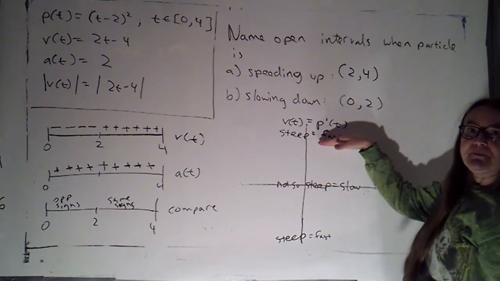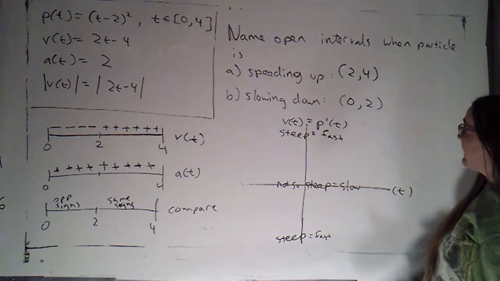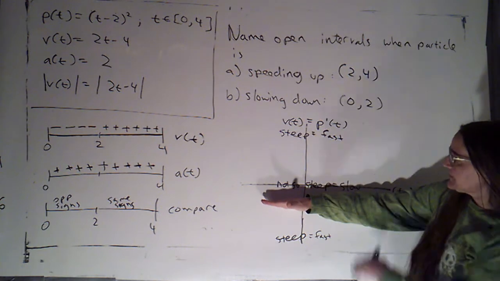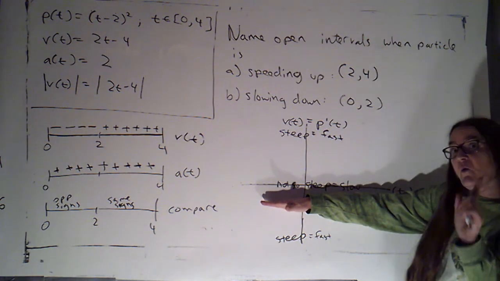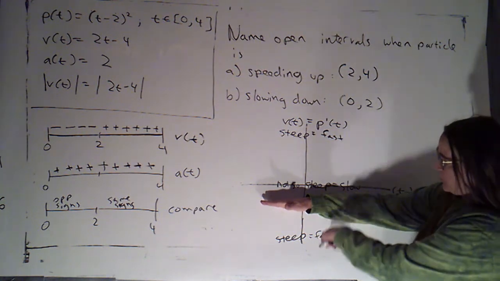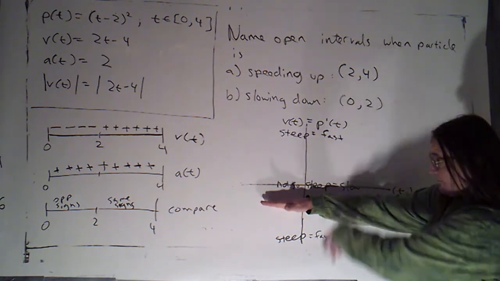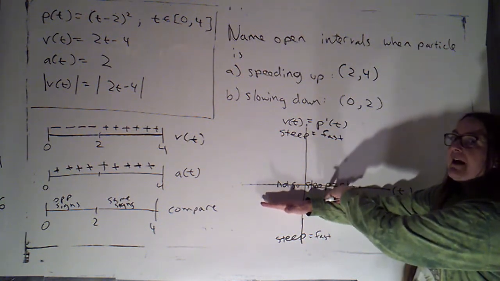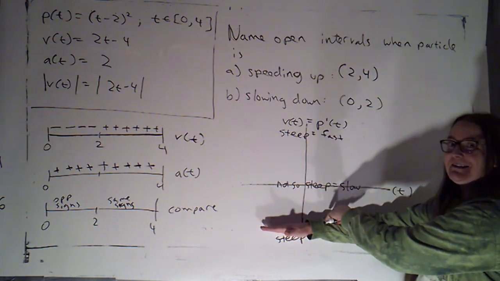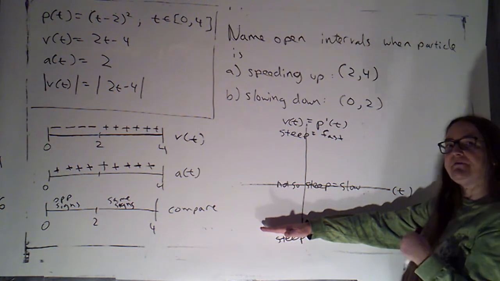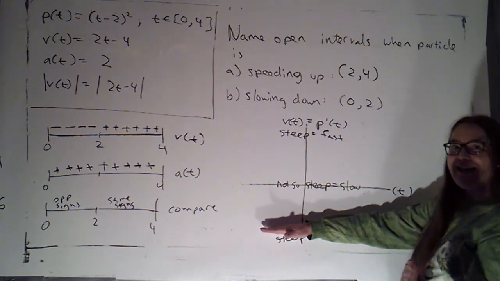We're speeding up. But if the velocity is negative, so that would put me below the time axis, in order to be speeding up, in order to be moving towards faster, we would have to be moving down. So velocity would have to decrease, meaning that its derivative, the acceleration, was negative.